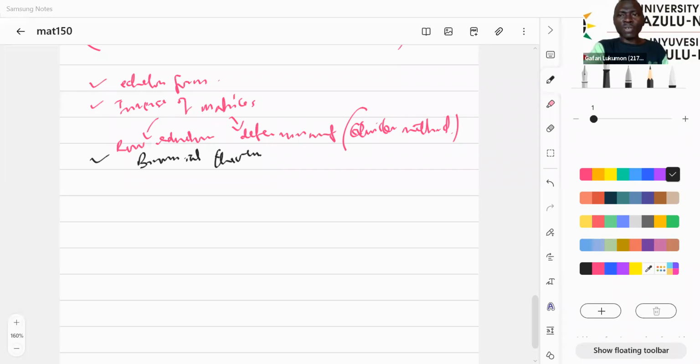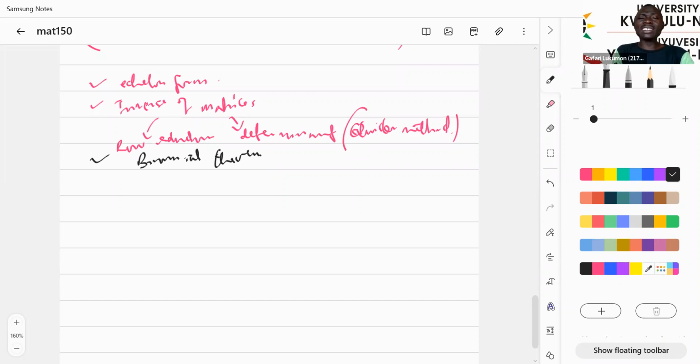So last week before we departed, I said one of the applications of matrices is that you can use it to solve a system of linear equations. One of the ways you can solve a system of linear equations is through what we know as echelon reduction.